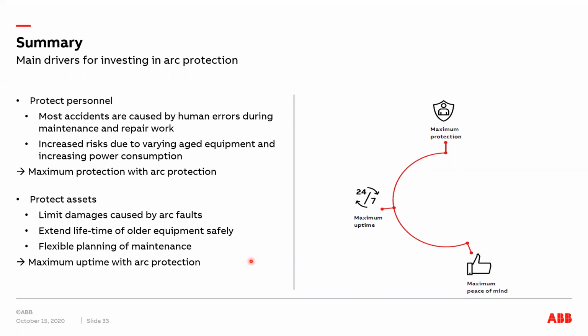So we will have maximum protection with arc protection, and also protect the assets to limit damage caused by arc faults, to extend the lifetime of older equipment, and also flexible planning of maintenance, so to have maximum uptime with arc protection. And all this leads to maximum peace of mind, hopefully.